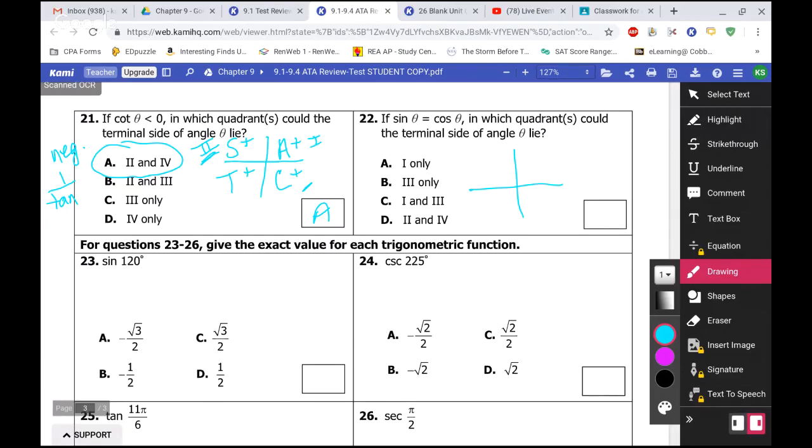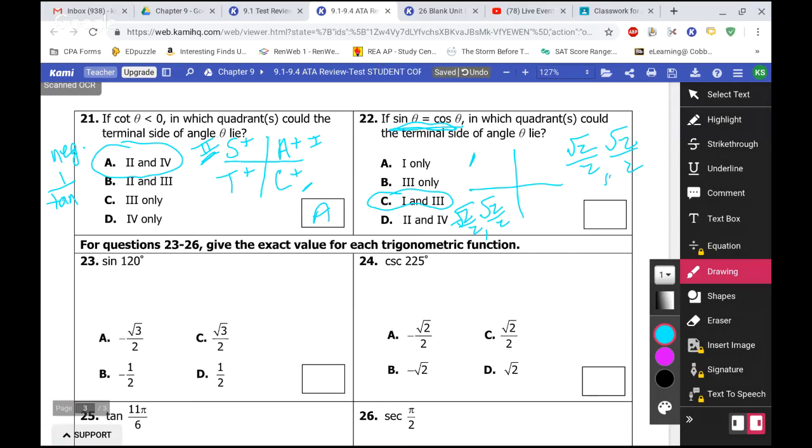And so in order for sine and cosine to actually be equivalent, you're going to be referring to that 45, 45, 90 degree angle, or those, remember when the coordinates are both √2 over 2, √2 over 2, and then over here, they're both negative on the unit circle. Remember that? Yes. Okay, so that means it's going to be 1 and 3.